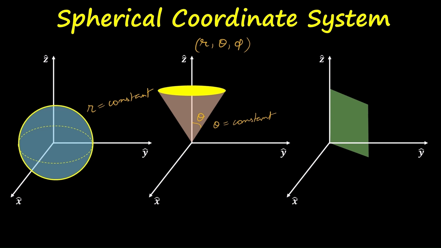If I take any point on this surface, the angle phi will be the same. So phi is constant here. Now this is very important because sometimes when we do a surface integral, we need to identify which is the variable that is constant and which are the variables that are changing.